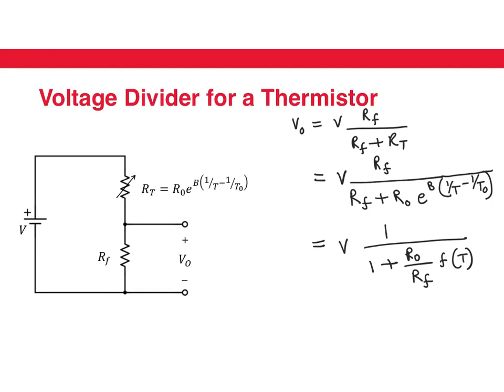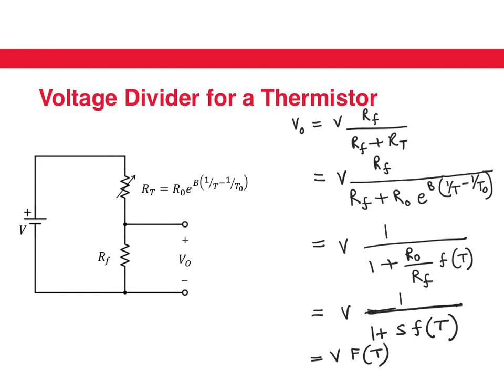Now we can simplify it a little further by doing this. We can say this is equal to V times 1 over 1 plus S f of t. And you could write this entire function as V capital F of t.